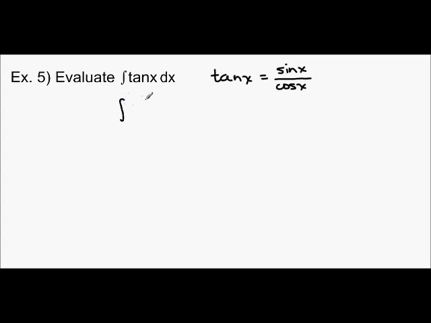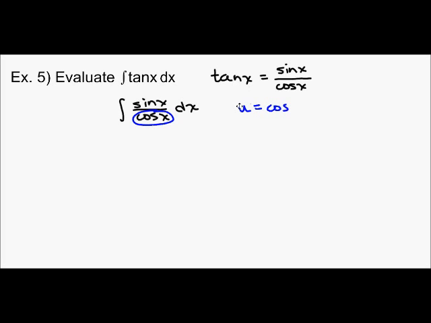So really, this is the integral of sine x over cosine x dx. And each of these can be written as the derivative of the other, although the derivative of cosine x is technically negative sine x. In this case, I want to make my u cosine x.